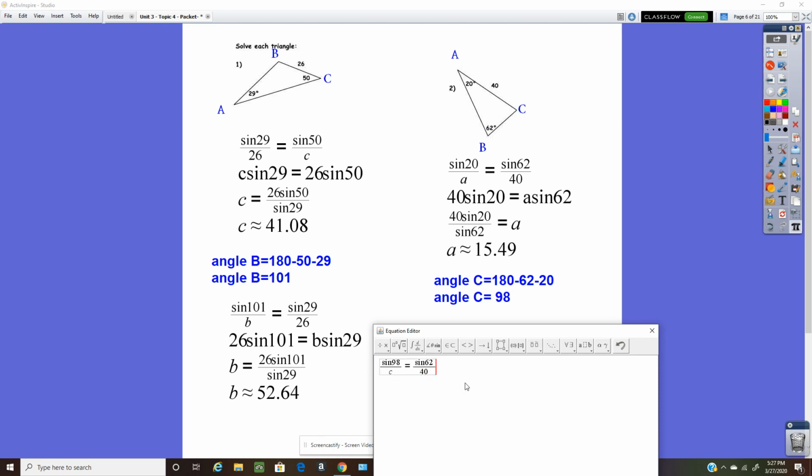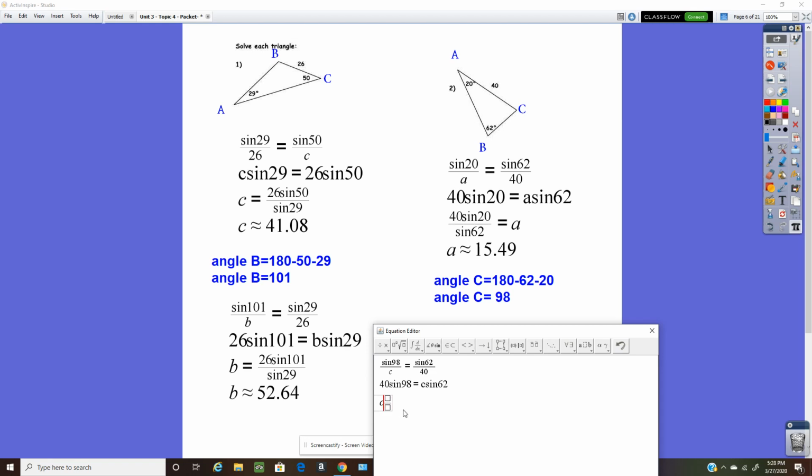Find side C. So now I have 40 sine of 98, and I cross multiply, is equal to C sine of 62. And then finally, C is going to equal 40 sine of 98 divided by sine of 62. Let me give you the cursor in the right place here.